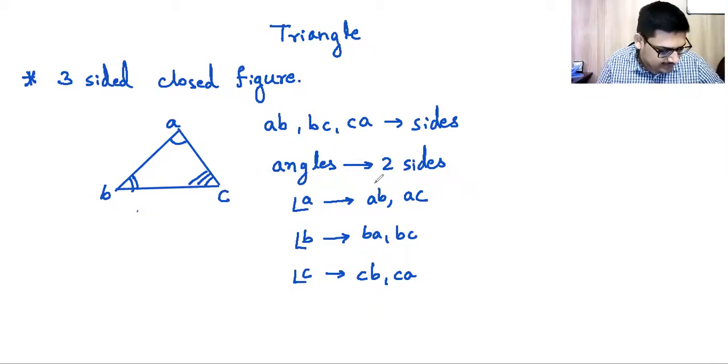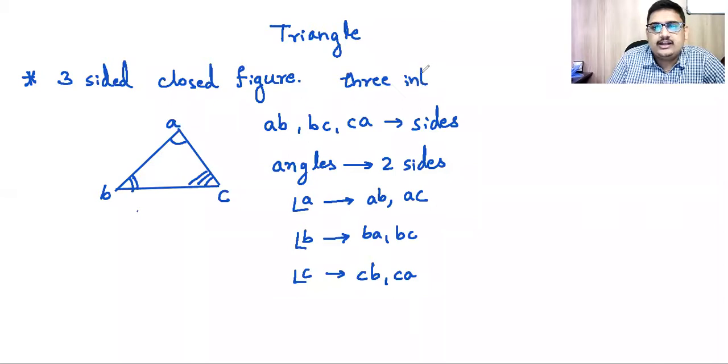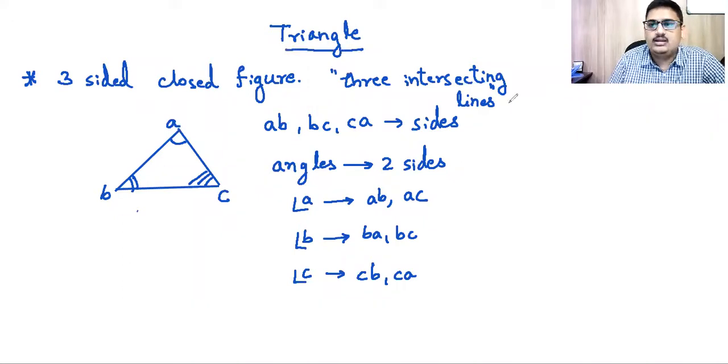So a triangle is a closed figure formed by three intersecting lines. This is extremely important. The reason I'm stressing this is that many of you will get confused when congruency is studied, especially when we study the axioms and the theorems.